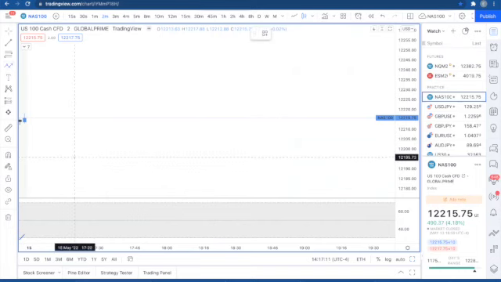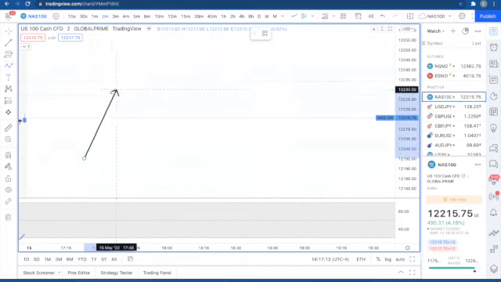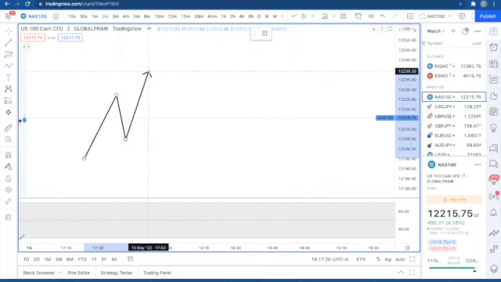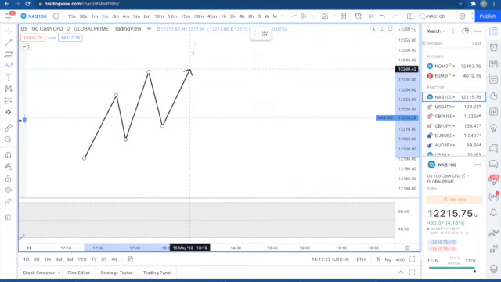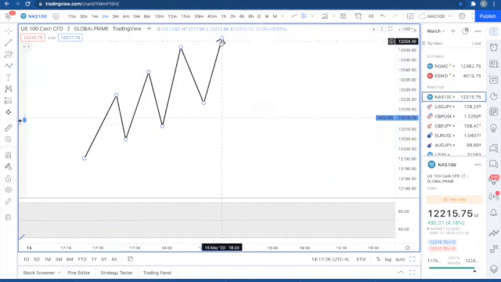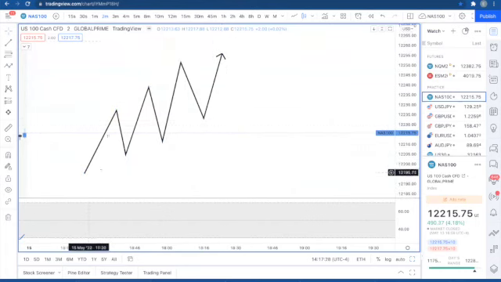All right, so if we're looking at a bullish market, you're going to notice that there will be impulses, then retracements, impulses, retracements, impulses, retracements. As long as the market is making higher highs and higher lows, these are the lows.